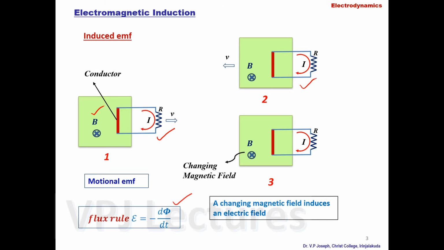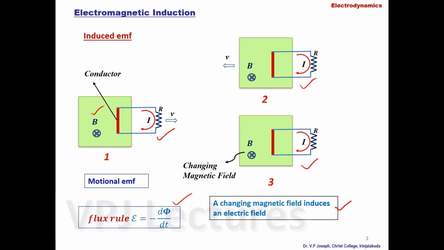And the third case: both the magnetic field and the circuit are stationary, but we gradually change the strength of the magnetic field. So the three cases generate the induced EMF given by E is equal to minus d phi by dt. From the second and third we concluded that a changing magnetic field induces an electric field.